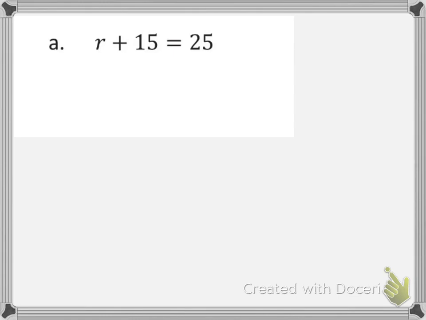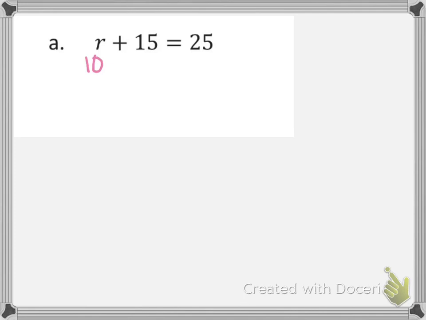We talked in class about finding the balance point. So the balance point is when both sides are equal. What I'm really trying to do is figure out, what does r have to be so that both sides will be 25? In this case, I know that if I add 10 to this side, 10 plus 15 will equal 25, and then the two sides will be equal.